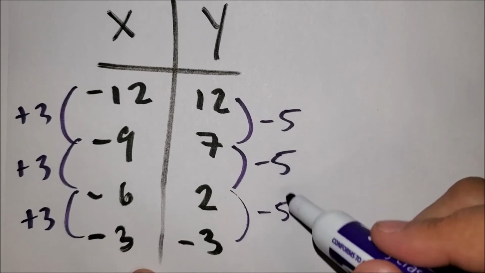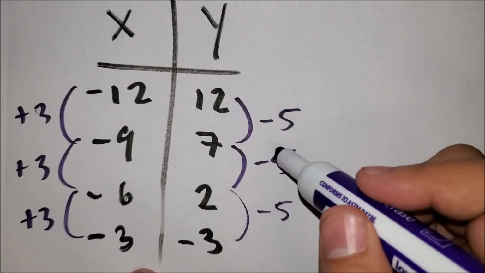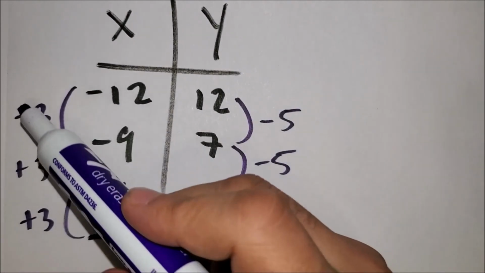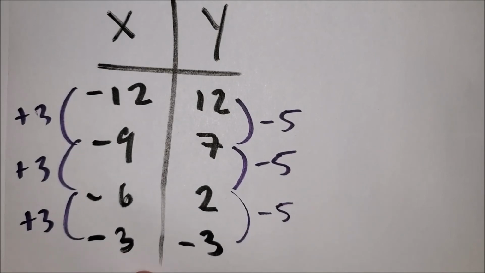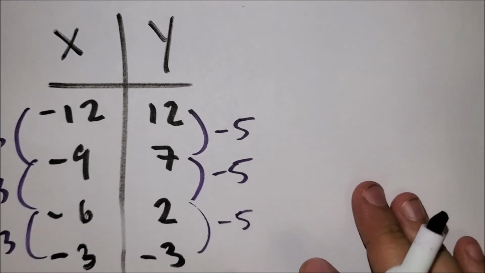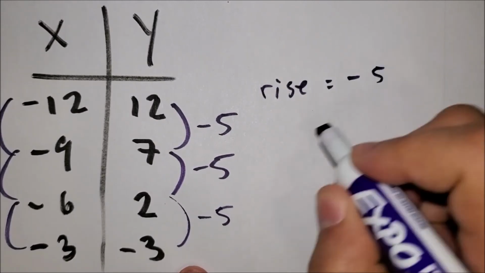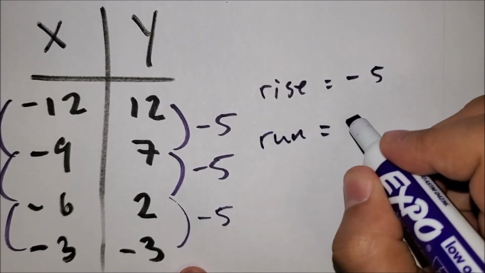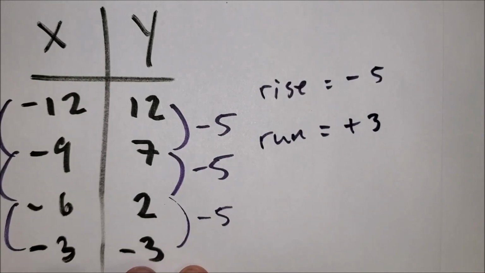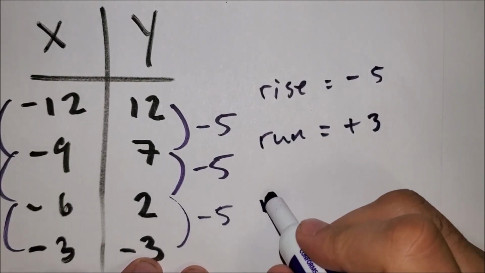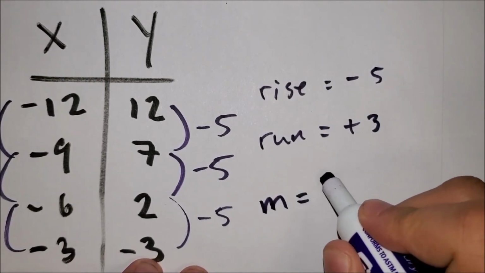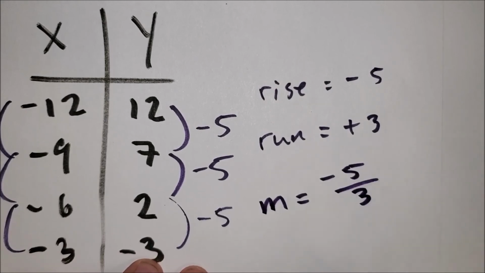So as you notice, each of these is the same. This -5 is the same on all the y's, the +3 is the same on all the x's, so that's how you know that your rise and your run is those things. Our rise is going to be -5, and our run is going to be +3. So our slope, m, is going to be -5/3.